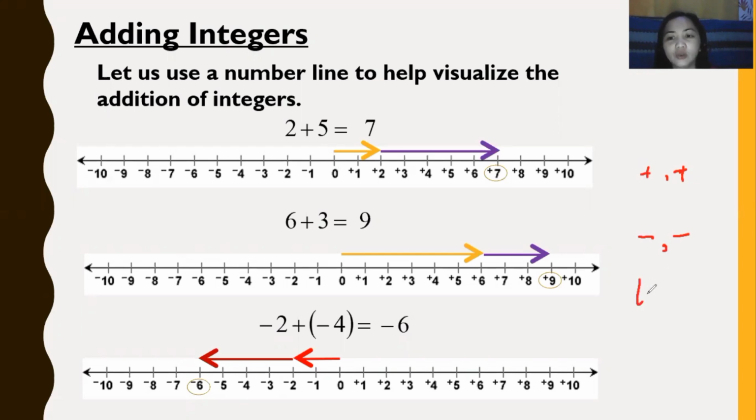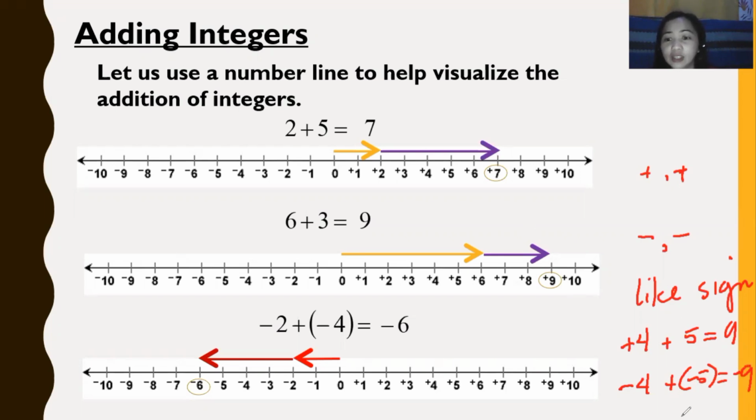They are called as like sign. Example, we have positive 4 plus positive 5. The answer is 9. Like sign because they are both positive. Or we have negative 4 plus negative 5. The answer is negative 9.